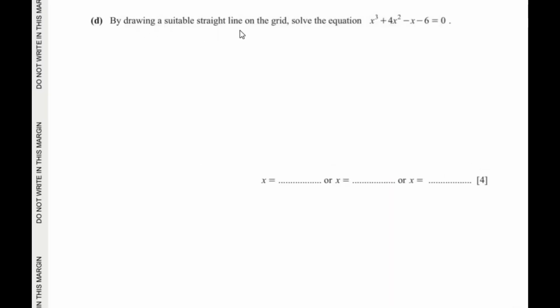By drawing a suitable straight line on the grid, solve the equation x cubed plus 4x squared minus x minus 6 equal to 0. Now in this equation, let us split up -6 as -4 and -2. So here you can see we have written x cubed plus 4x squared, -x and -6 is being split up as -4 and -2. Now once we have done this, let us take -x and -2 on the other side of the equal to sign.